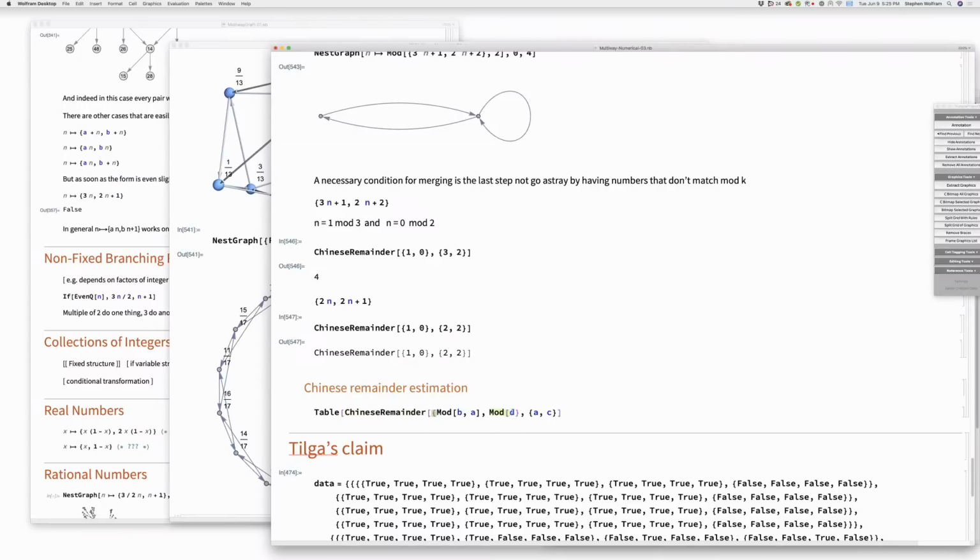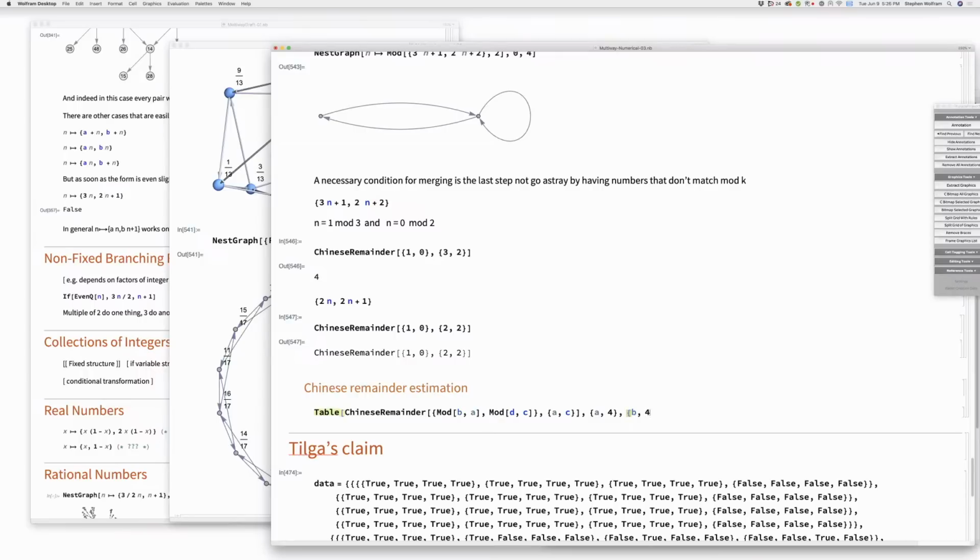D mod C, because we want the remainder. Because in this case, we're considering 3n plus 1, that's A is 3. B is 2, but then we want to take this thing mod that. Do you believe this? Yes, no, maybe? Looks about right.